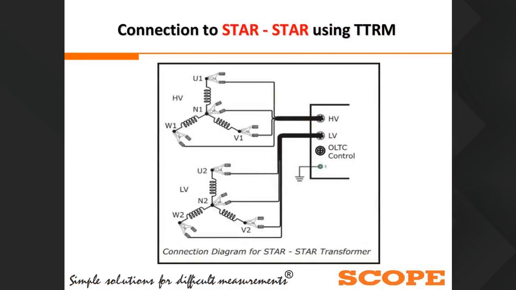Now, how to connect the instrument to the transformer. This is the instrument, with HV and LV. From the HV connector there are 4 cables: R, Y, B and neutral. If it is a star transformer, we connect all 4 HV points directly, R, Y, B, neutral.